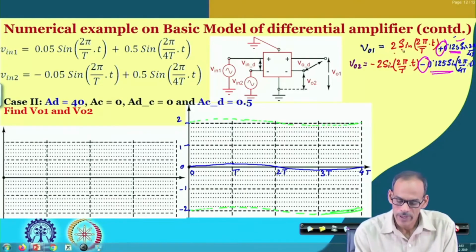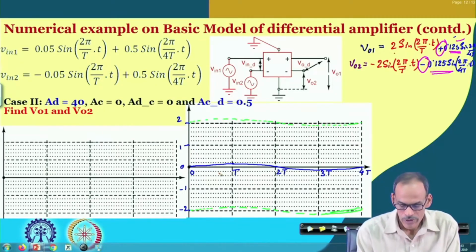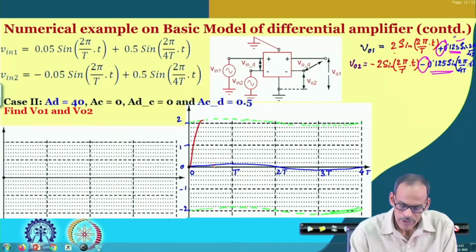If I combine this blue part and this red part, what we have is VO1, and it will be like this.